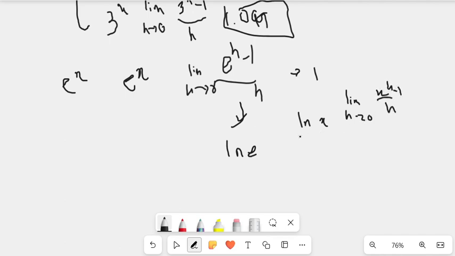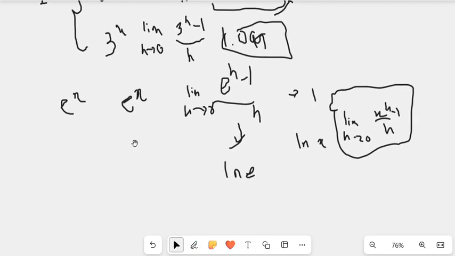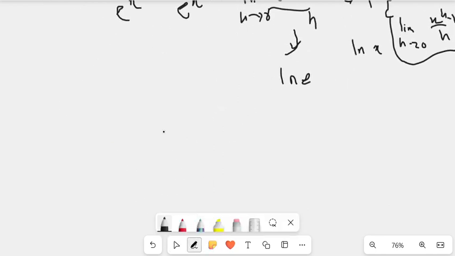This is what you are doing when you are taking the natural logarithm of a number: you are putting it into this operator right here. So that's actually how you find this thing, that is y, and that is the only reason why the derivative of e to the power of x is e to the power of x.